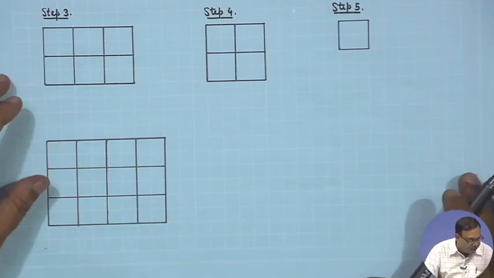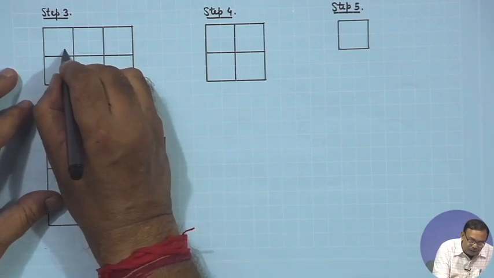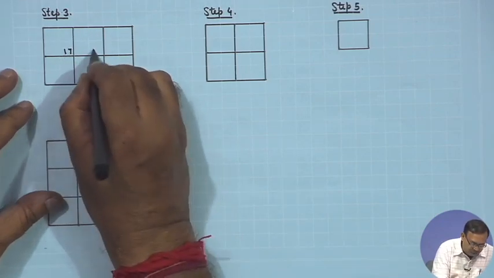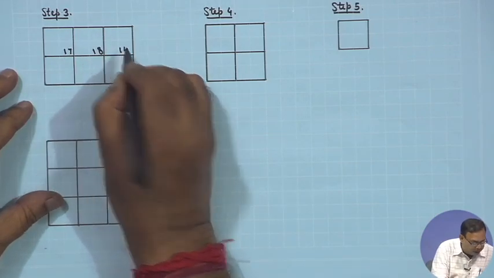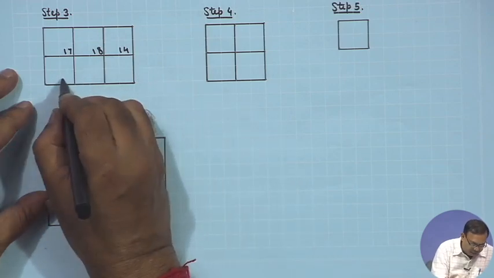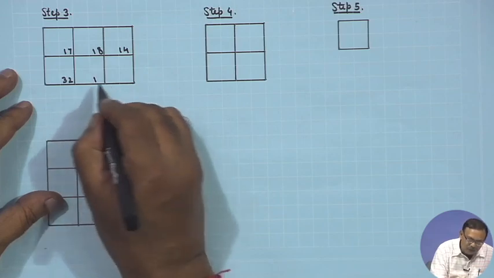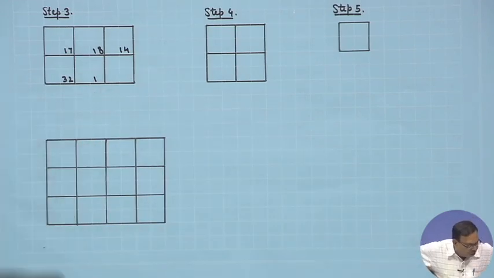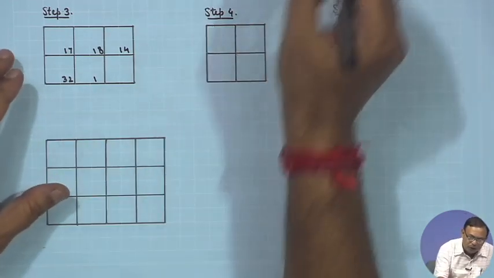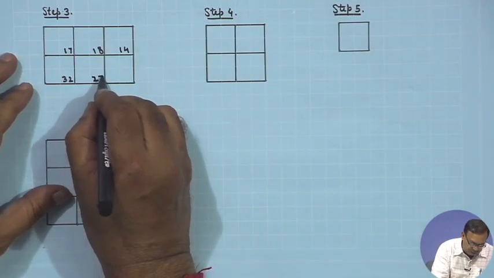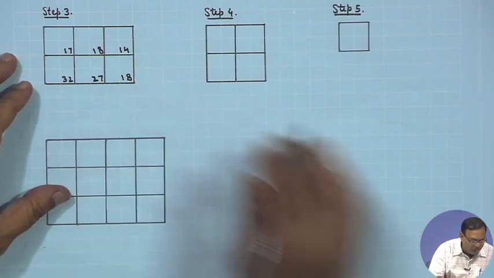So, your second table becomes 17, 18 and 14, and then you are having 32, 10, 27 and 18.